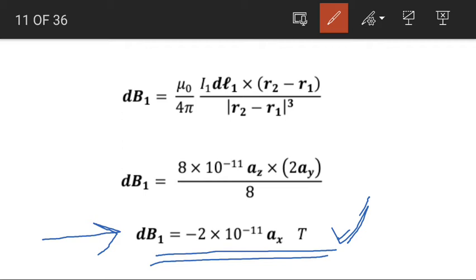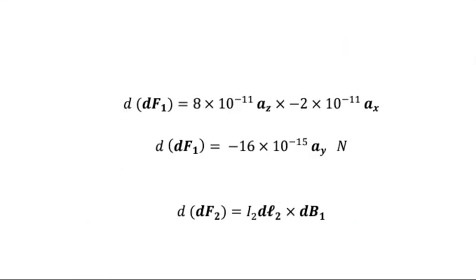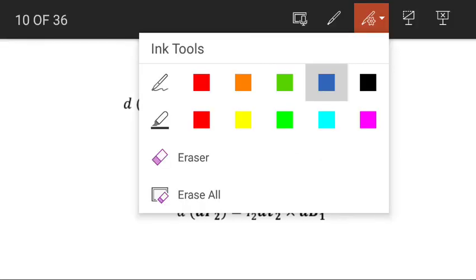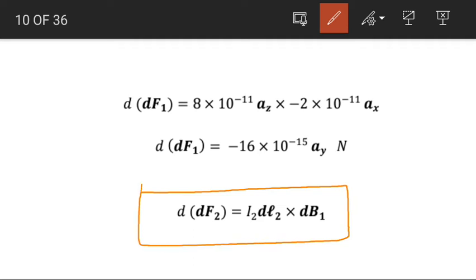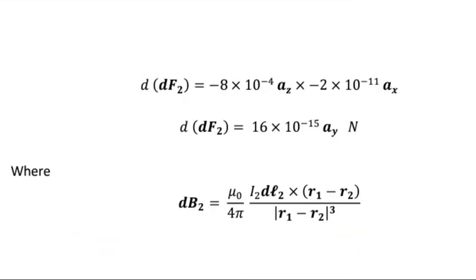Then we put the values in this particular equation. I2 dl2 is known. dB1 has been calculated. So let us put the values in this particular equation.